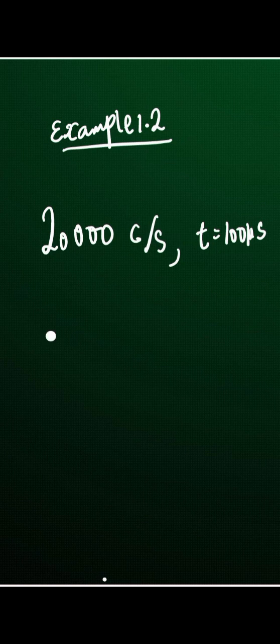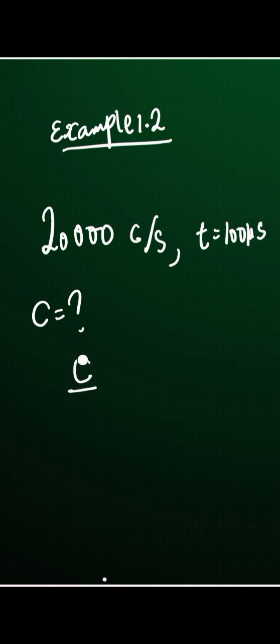So what are we looking for? Charge. If you don't know the unit for this, it's very easy. Since you are saying coulomb per second, what does it tell you?